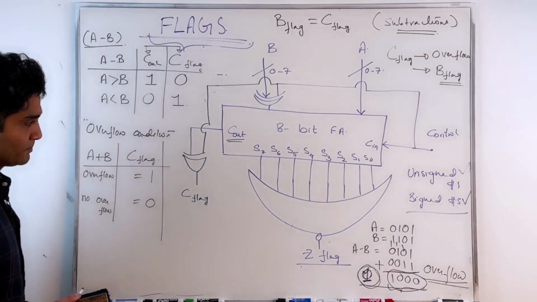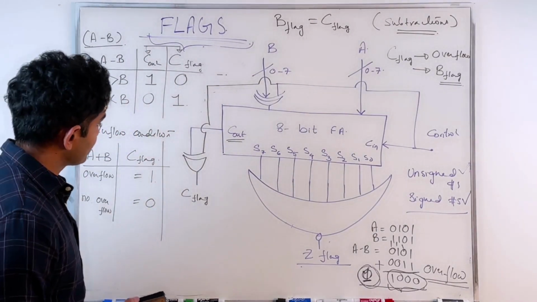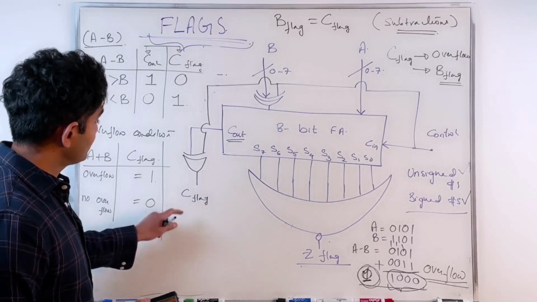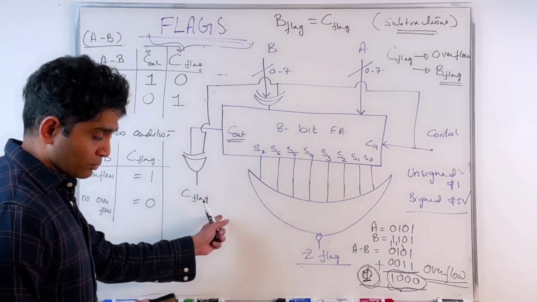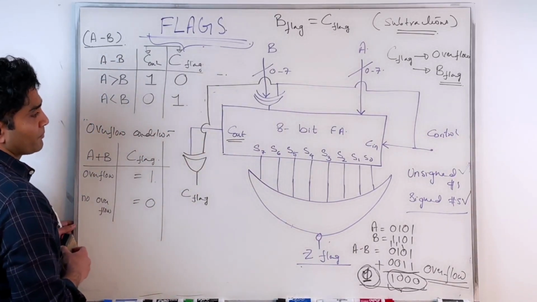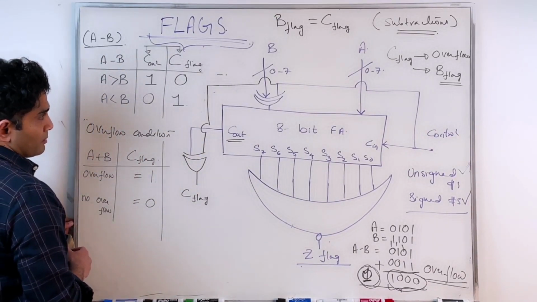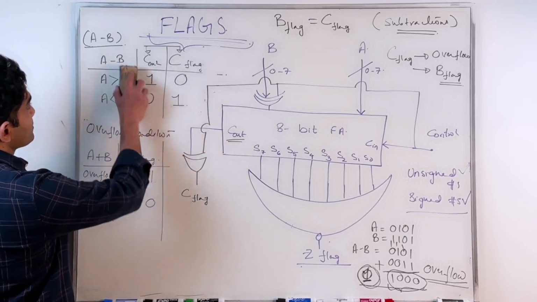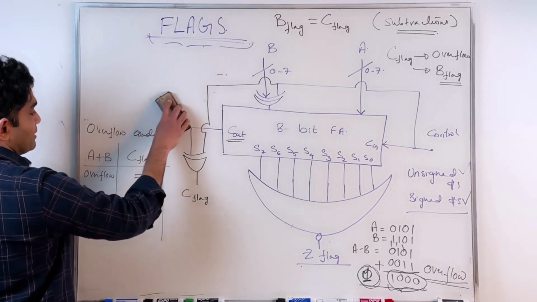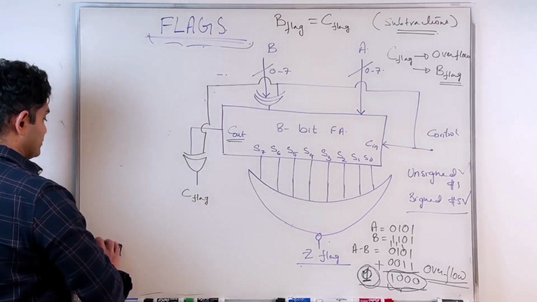All right. So that's how I get my C flag. For subtractions, the C flag is my borrow flag. And also I can use my C flag as the overflow flag as well. Okay, now that we have realized the C flag, I should be able to check for other conditions, right?